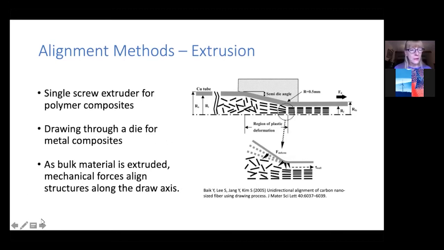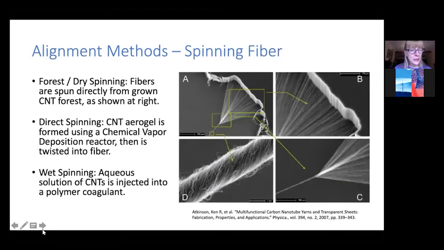Okay, and now the next slide shows a direct spinning process that's illustrated here in A, B, C, and D, but there are a number of different methods of spinning fiber. The particular one that's shown here is a dry spinning process from a forest of carbon nanotubes.